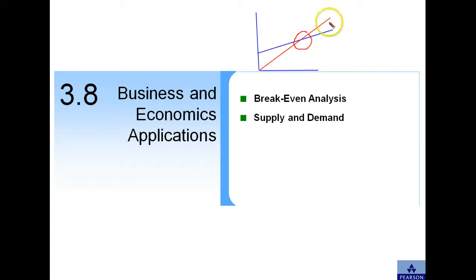This is the selling price. And this is going to be the cost function. And the red line is going to be the revenue function. And we're looking to see where they intersect. Okay, that's some background of what we're going to be doing.